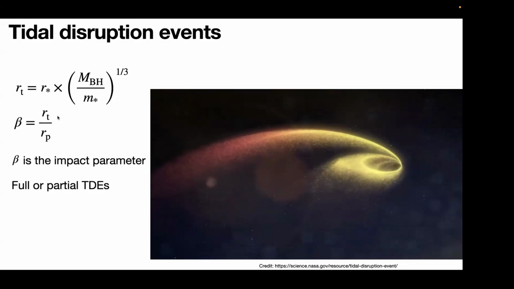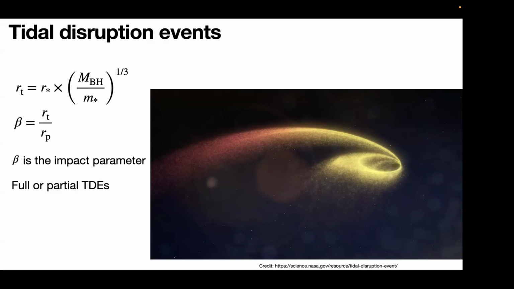And we saw on earlier slides that we use the beta parameter, which is the impact parameter. That is the ratio of the tidal radius to the pericenter distance, to parameterize the strength of the encounter. So a larger beta parameter means a stronger encounter, while a lower beta value implies a weaker encounter because the pericenter distance is further from the black hole.